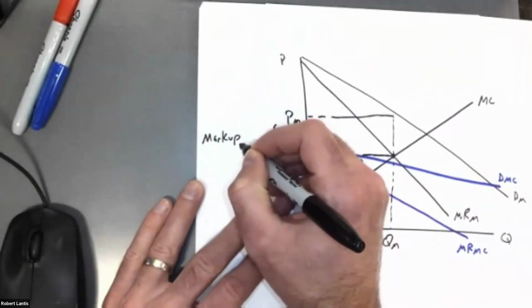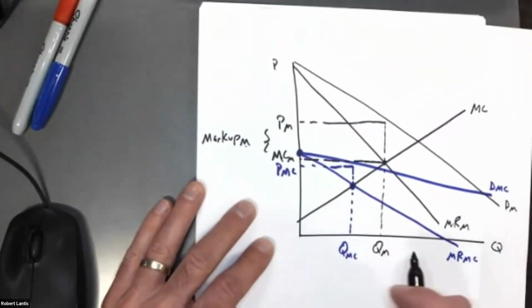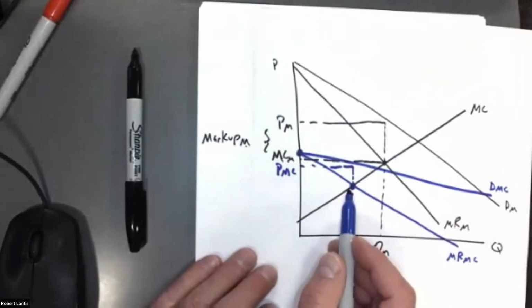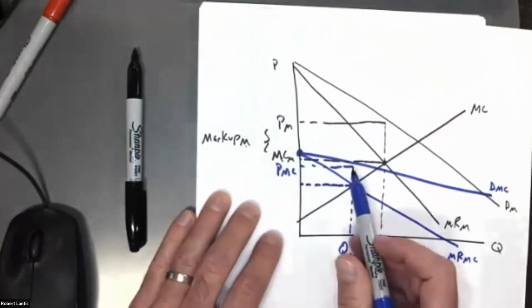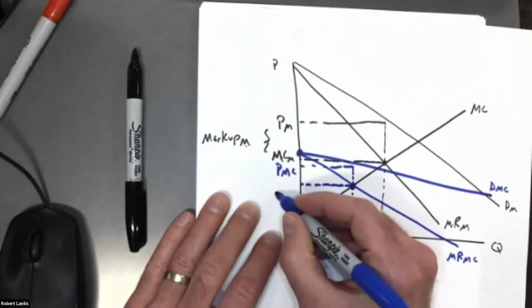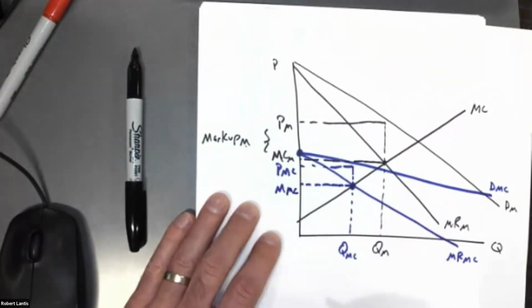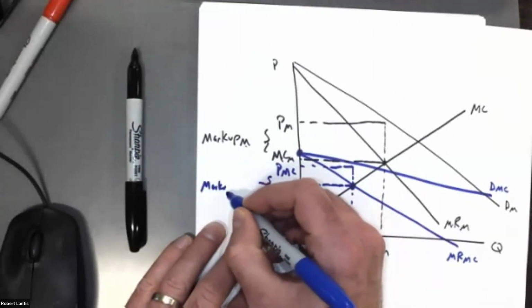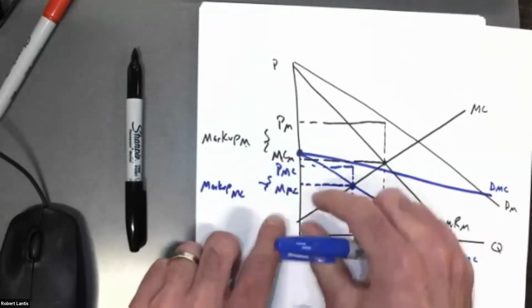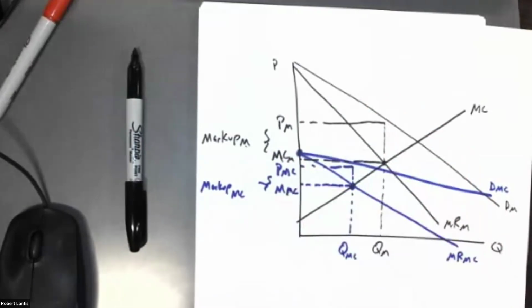This would be the markup of the monopolist. Now, because the curve is not as steep, and we're at a lower quantity, what's the difference between the price the monopolistically competitive firm chooses and their marginal cost? Well, notice this markup, and I tried to draw this to scale, is a little bit smaller than a monopolist would have.